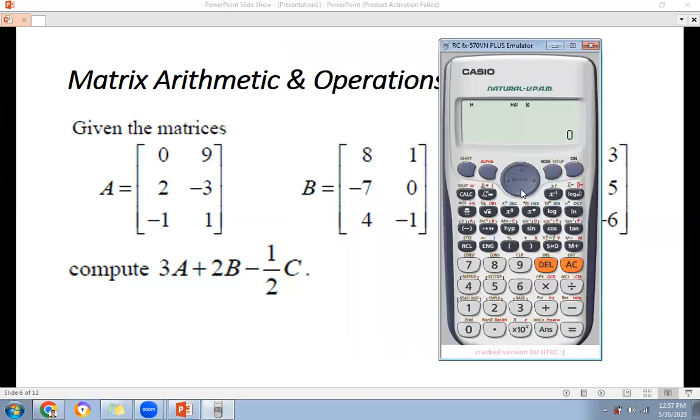Okay, let's proceed with the matrix arithmetic operation.